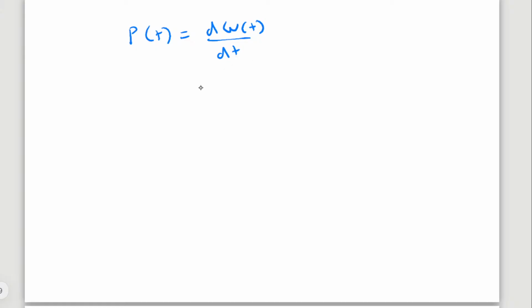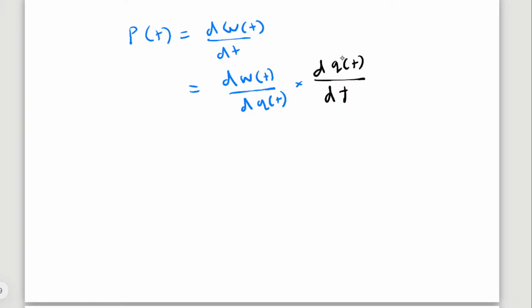This can be represented as dw of t divided by dq of t, into dq of t divided by dt. If we cancel these two terms, it equals the original.